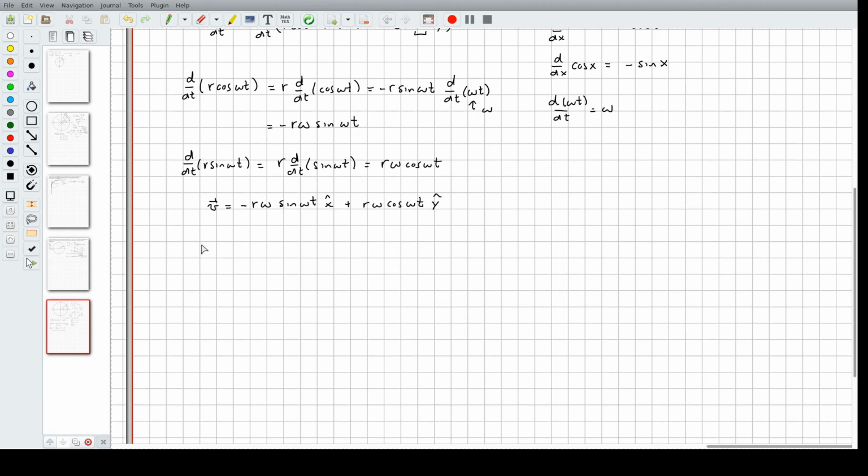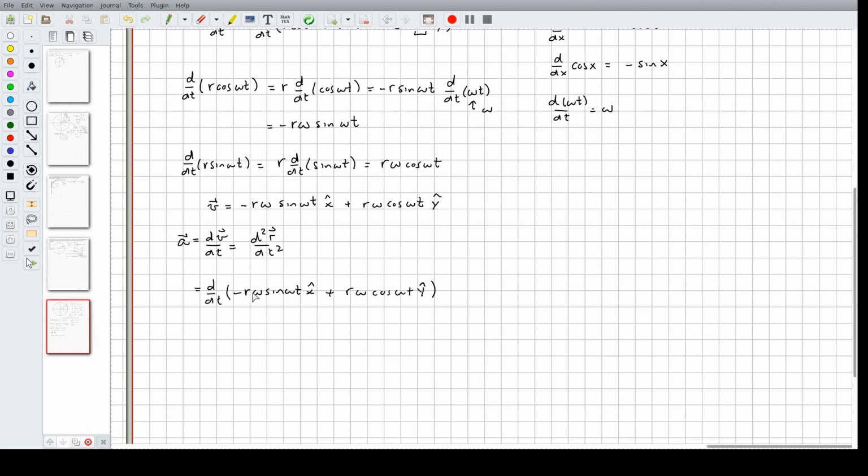Now, furthermore, we can find the acceleration. It's the derivative of your velocity with respect to time, or two derivatives of your position with respect to time. Well, following the same process here, if I take d by dt of minus r omega sine omega t x hat plus r omega cosine of omega t y hat.